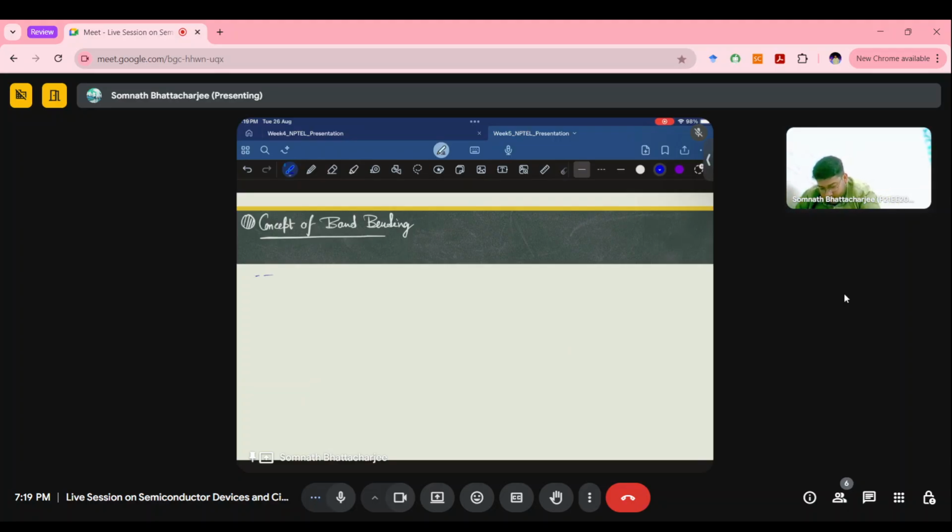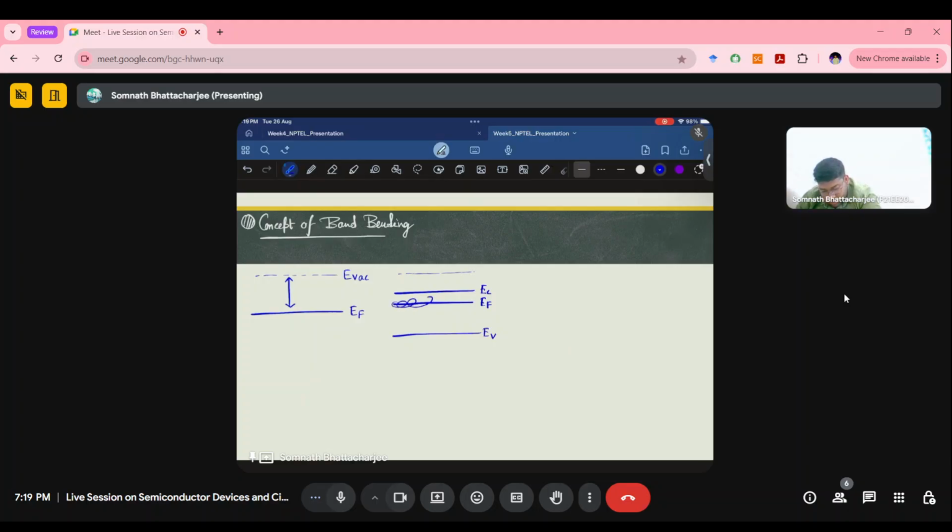If this is the vacuum energy level, and this is the Fermi level, then this is the metal and this is the work function, which is constant. Now if we have a semiconductor, let's say like this, this is the EC, this is the level EF, and this is EV.